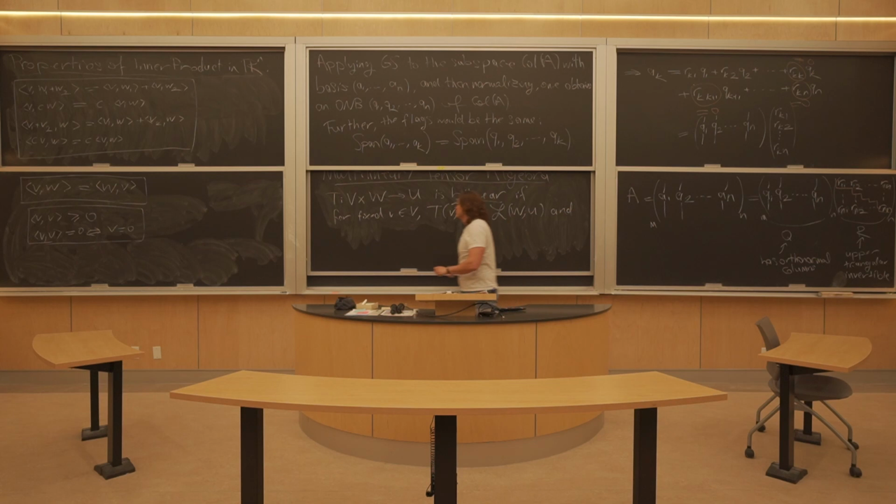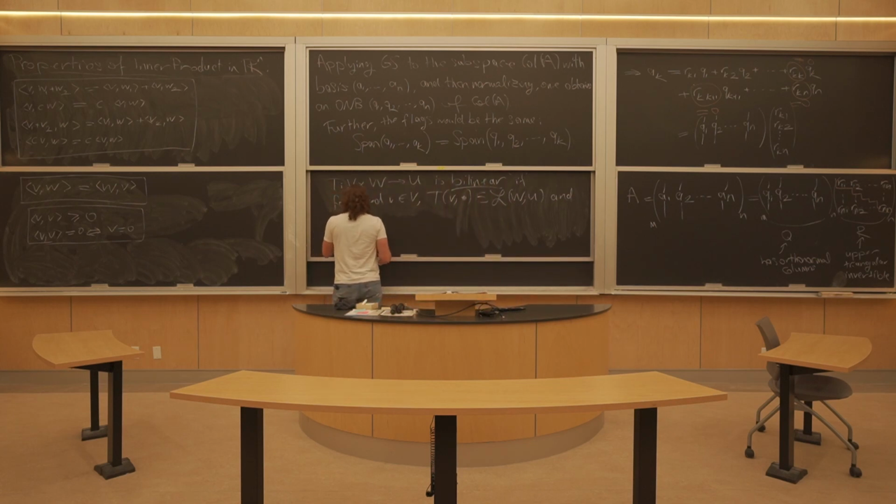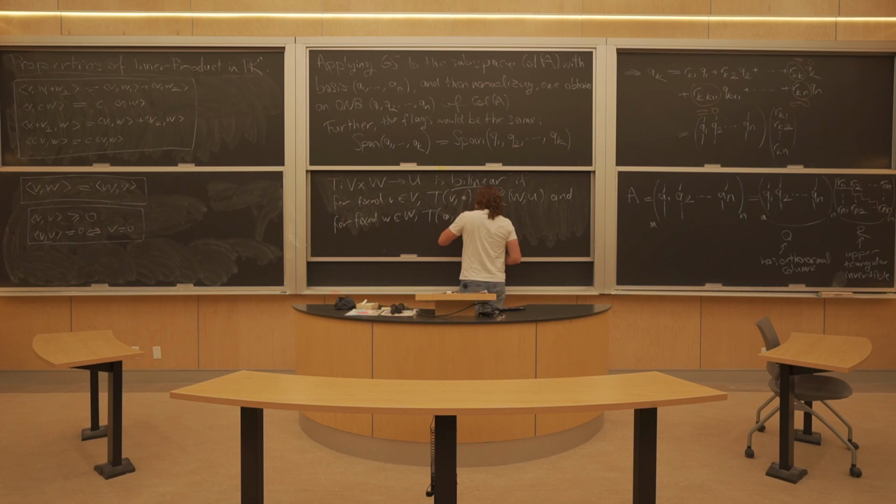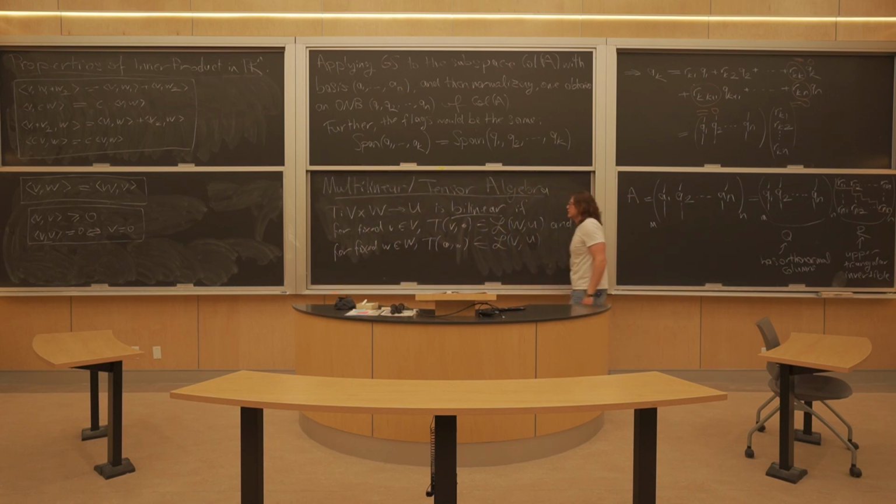And for fixed w, if I were to fix the second entry now, I want that to be linear from the first argument to U. Okay?